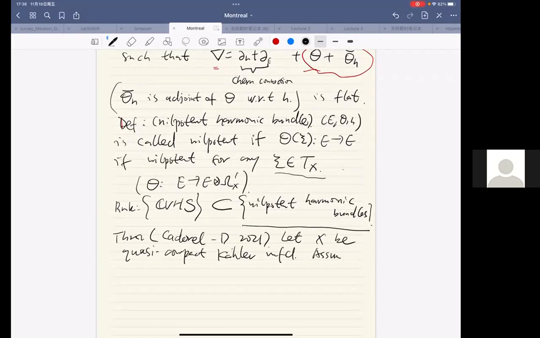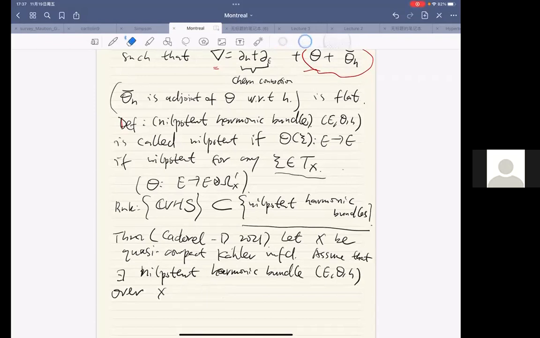Assume that there exists a nilpotent harmonic bundle (E, theta, H) over X such that, since we don't want this harmonic bundle to be something trivial, we require that theta is injective at one point, a general point.